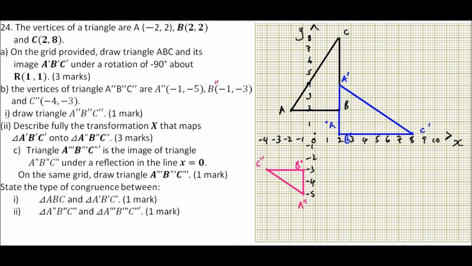So we drew the lines joining A and A double prime, B and B double prime, and we will be able to get the center of rotation. We have our lines now, and we can see the center of rotation.